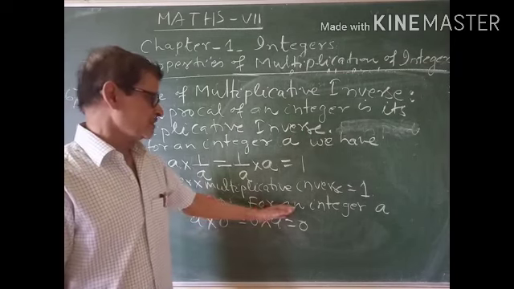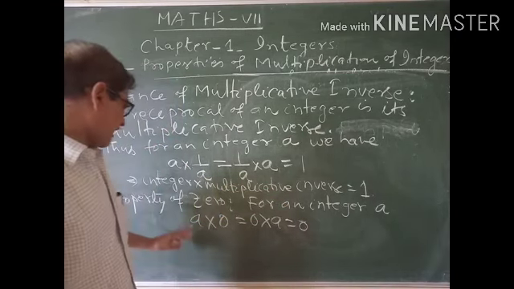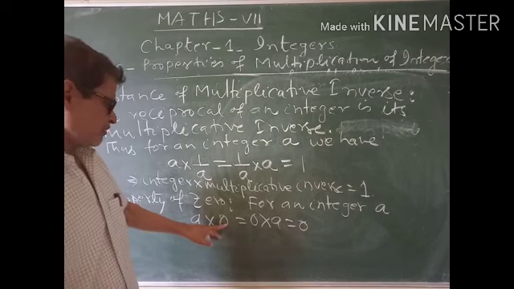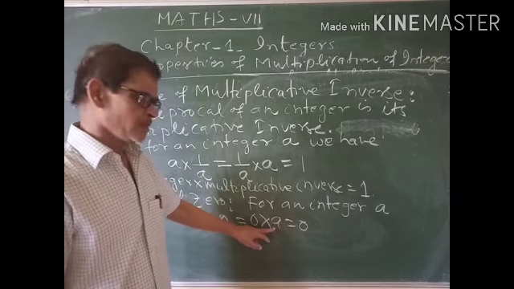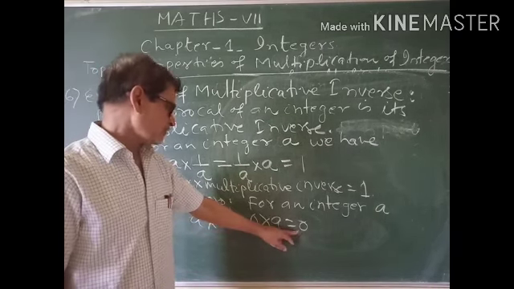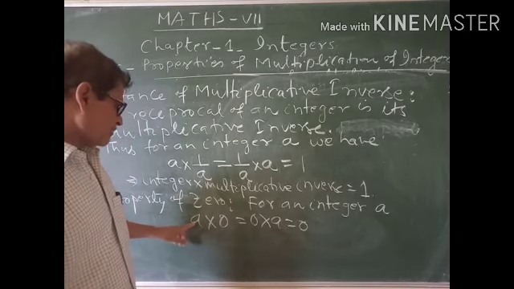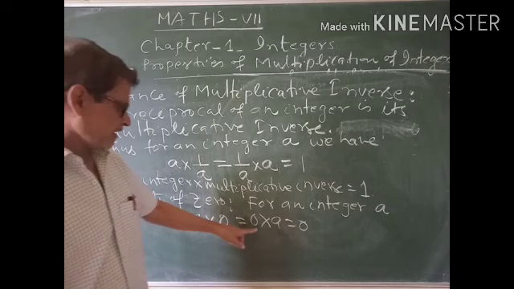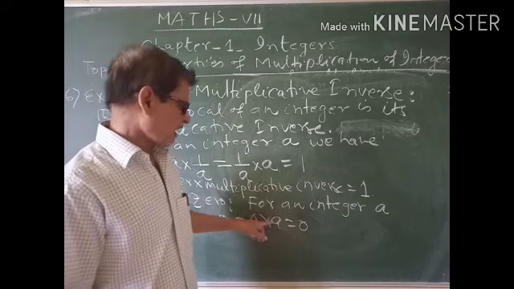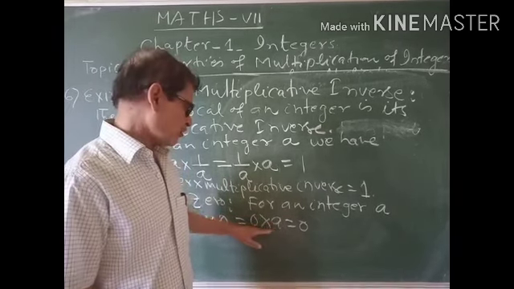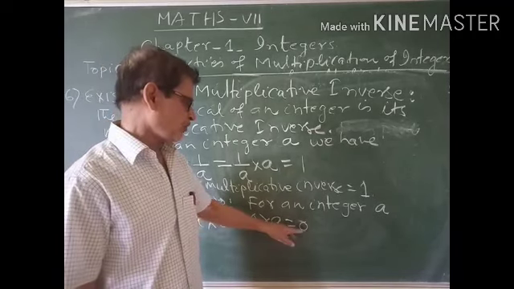For an integer a, we can write here a into 0 equal to 0 into a, the product will be 0. Here an integer a is multiplied by 0 and here 0 is multiplied by an integer. In both cases we find the product is 0.